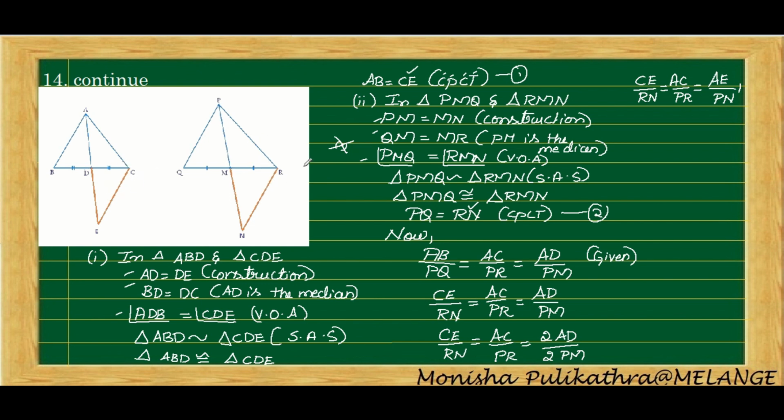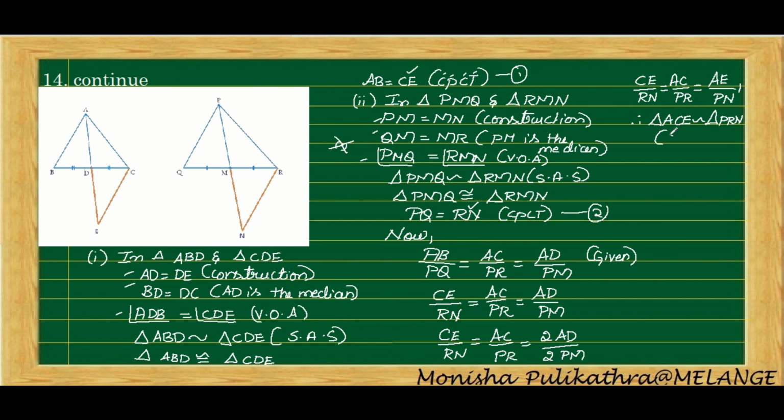If all the sides are in equal proportion, the two triangles will be similar. Therefore, by the SSS similarity criterion, triangle ACE is similar to triangle PRN.